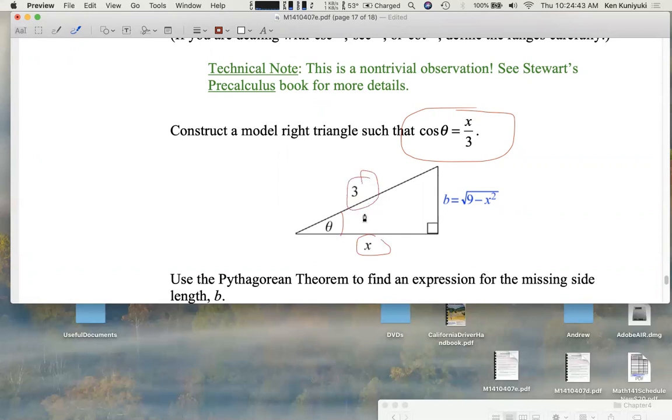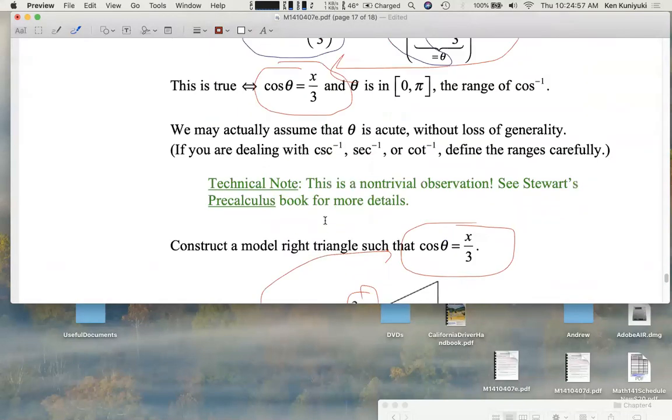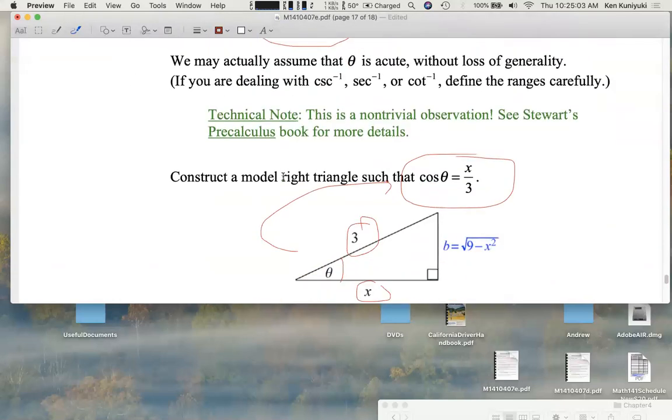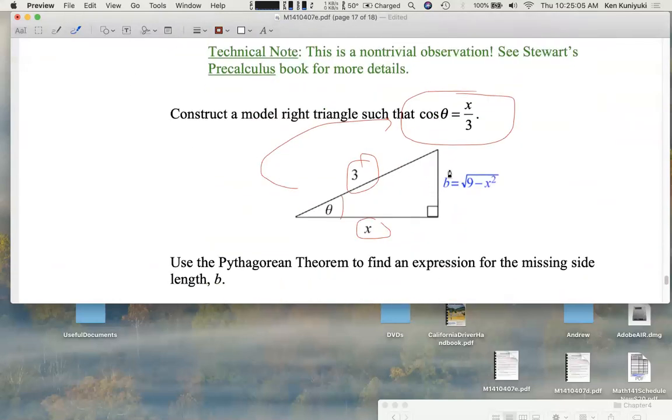And you can see that if you set up this right triangle model, then it's true that cosine of theta will be x over 3. Cosine of theta is adjacent over hypotenuse. And then, since we want to simplify cotangent of theta over here, it would help to find an expression for b, the length of this leg here in terms of x.